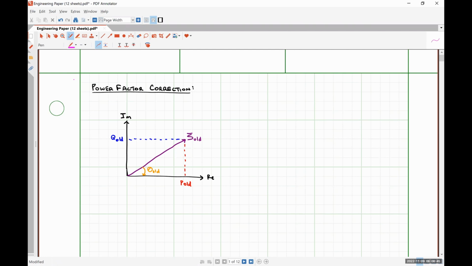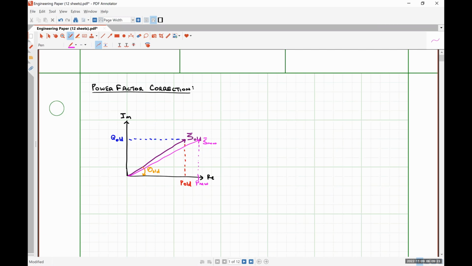Let's say I increase the resistance of my load while keeping the reactance of my load the same, this pink line would represent S new. The projection onto the real axis would be P new, and the projection onto the imaginary axis would still be Q old. Does that lower my power factor angle? Yes, okay.